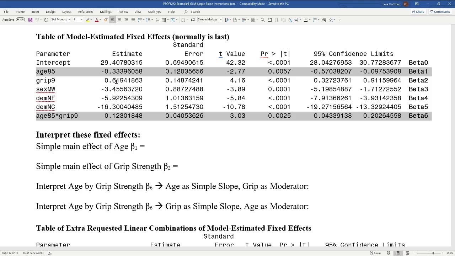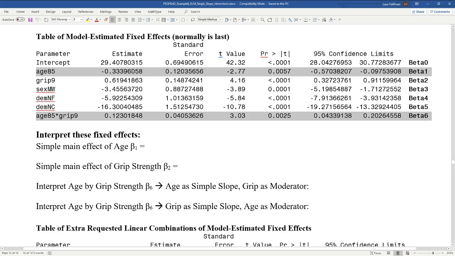Specifically, if I want to then look at the interaction term as how grip moderates this effect of age, then I would say for every unit higher grip, so for every unit stronger you are, this age slope becomes less negative by the interaction term of 0.12.